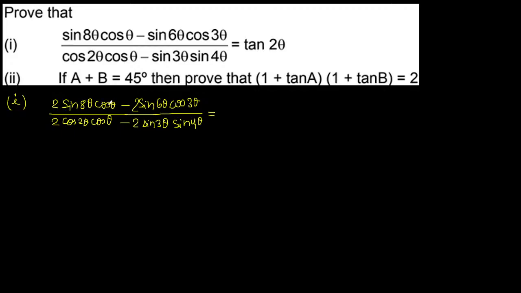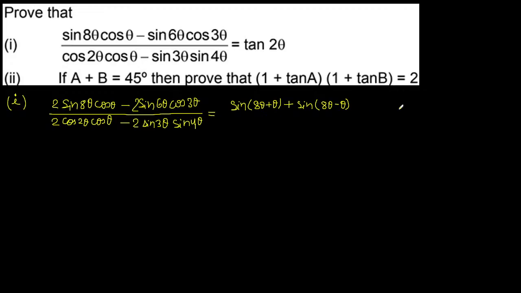So this is what sin C cos D. So we can say it is sin C plus D plus sin C minus D, because we have sin cos. If it is sin, it will be cos A minus B minus cos A plus B. If it is cos, it is sin A plus B minus sin A minus B. No, cos A plus B plus cos A minus B, if it is cos.